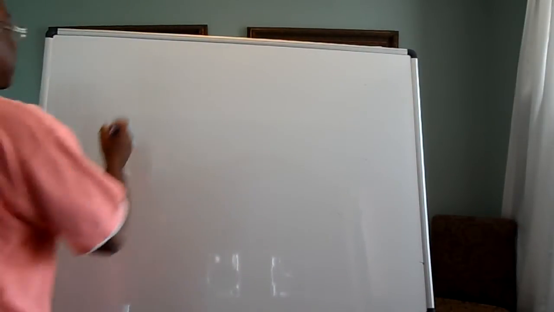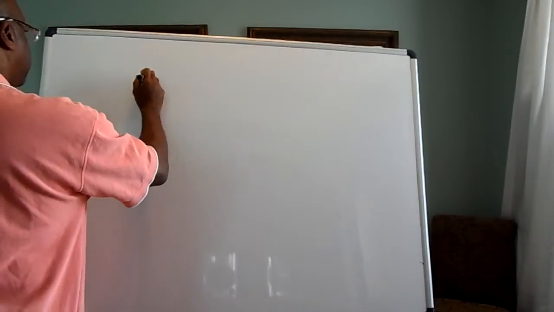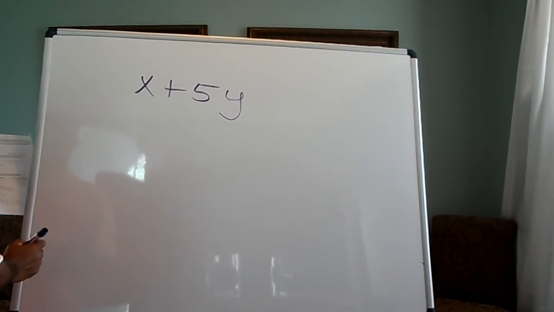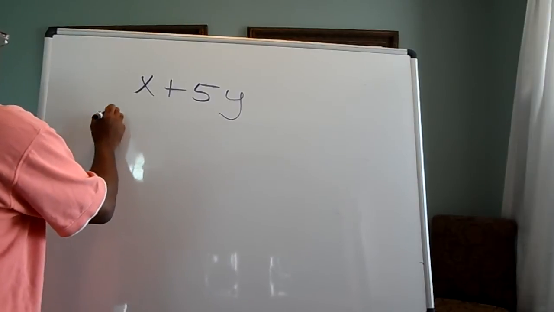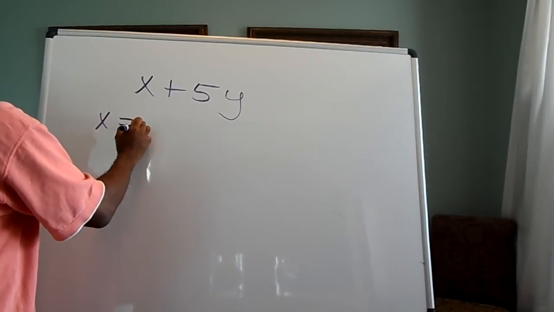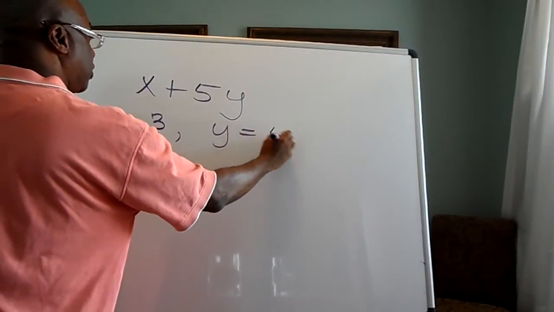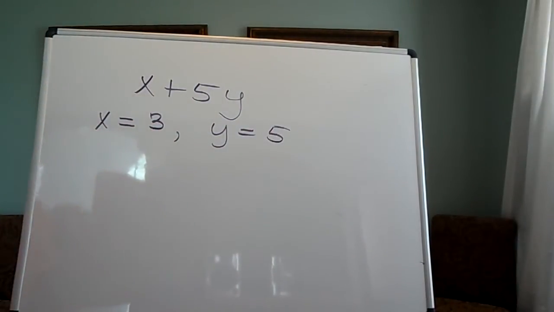Problem number 3 is a problem that you're asked to evaluate. You have this expression here, x plus 5y, and it says here that x is equal to 3 and y is 5. Now I wrote the x value first, but it doesn't matter. According to your handout, y is 5 and x is 3. That's the same thing I have here.